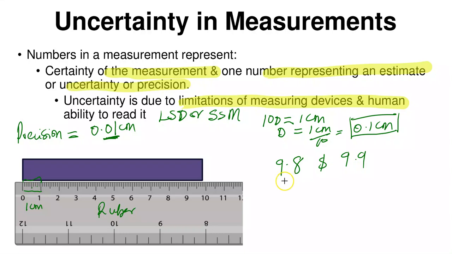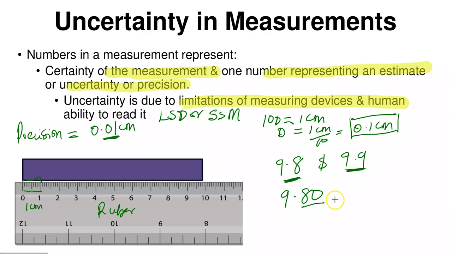So reporting it as either 9.8 or 9.9 is not correct. If I assume that this number is in between line 8 and line 9, my measurement could be 9.80, two decimal places to match the precision of the meter rule.